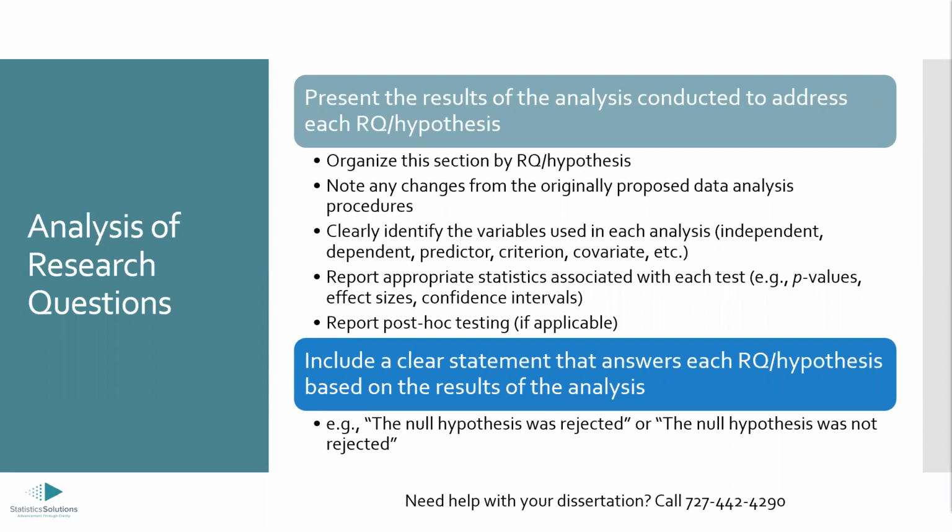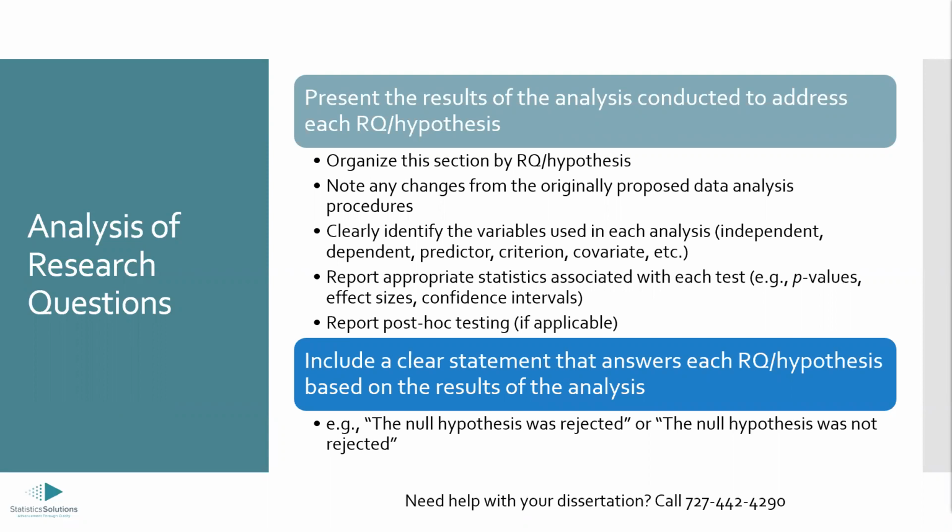So now the analysis of the research questions is really the main part of the results chapter, where you talk about the analysis for each research question and what the result was. Here you want to organize this section by research question and hypothesis. So if you have 5 research questions, then you want to just go ahead and start with research question 1, and then do research question 2, and so on.